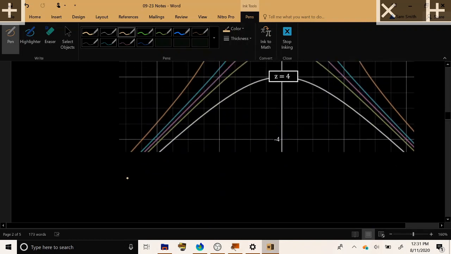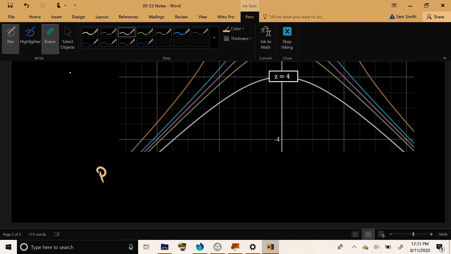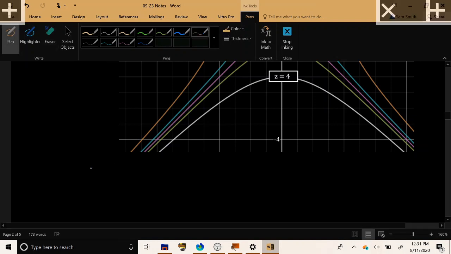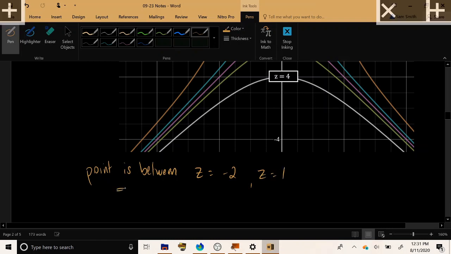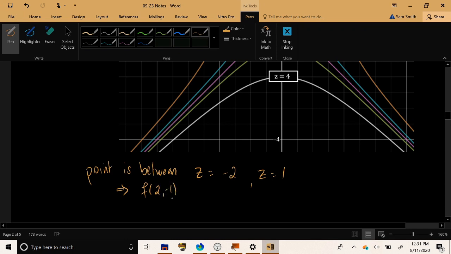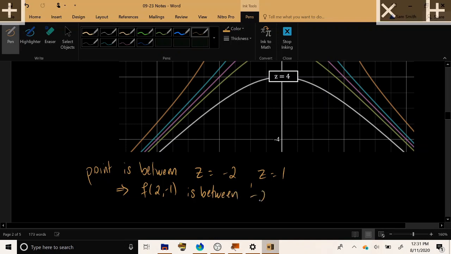So let's jot that down. Point, let's decrease the font size a bit, point is between z equals negative 2, z equals negative 1, which implies that f of 2, negative 1, that output, is between the output negative 2 and the output negative 1.